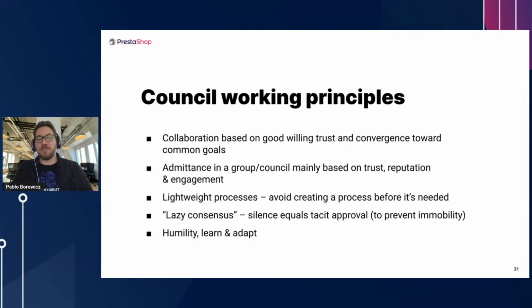The fourth one is a concept that I borrowed from the Apache organization, which is called lazy consensus. It means that instead of looking for everyone to agree, we're going to look out for trust-based consensus: people have a fixed amount of time to pronounce themselves, and if they don't say anything, then it's a tacit approval.